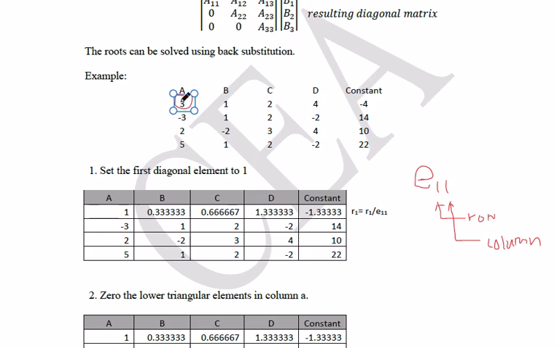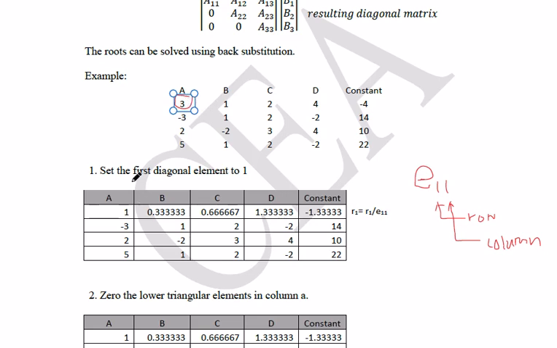So applying the formula to all the elements in the row, we have 3 divided by 3, because 3 is the element in row 1 divided by the element in row 1, column 1. That is also 3.